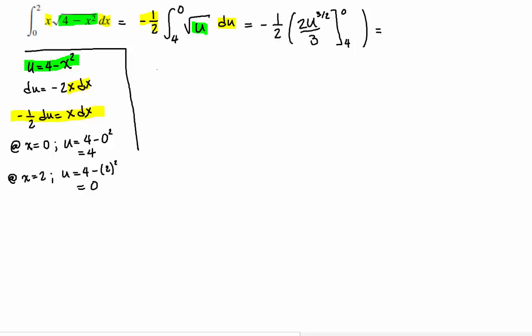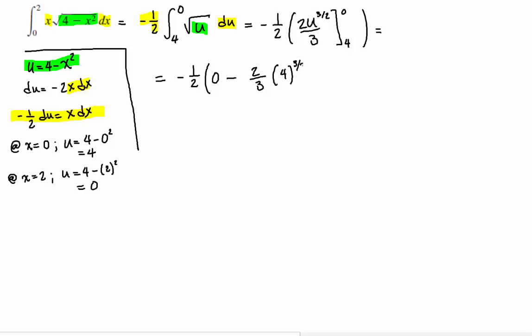So maybe let me continue down here so I don't run out of room. And so that's going to be negative a half. Copy that guy. Evaluate first at 0. Okay, I like that. 0. Minus 2/3. And then evaluate u to 3/2 at 4. I meant 4. There you go.